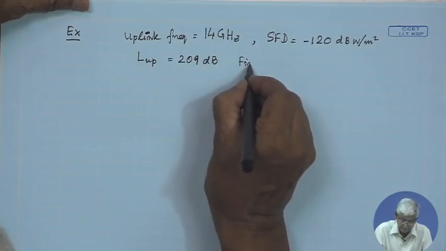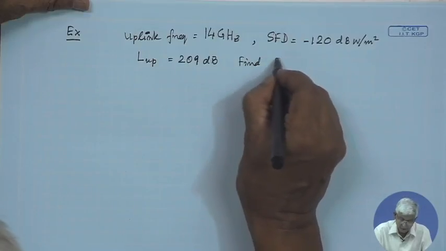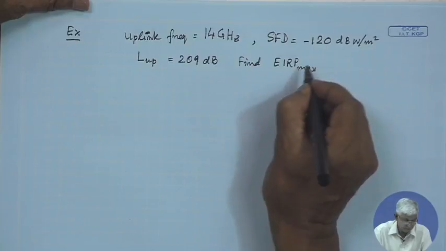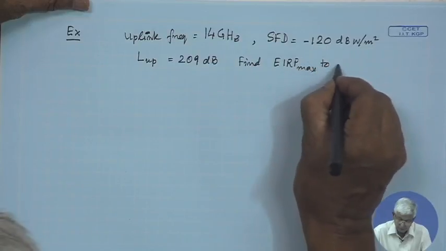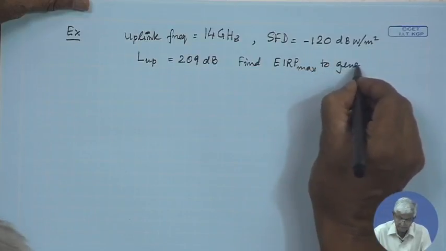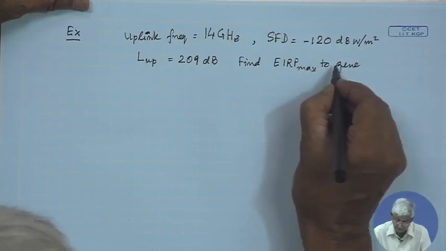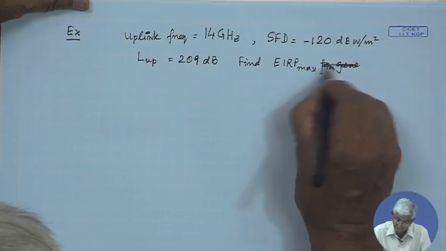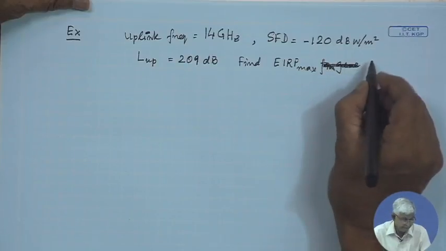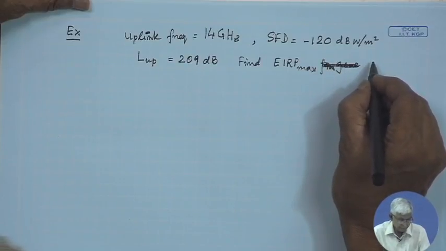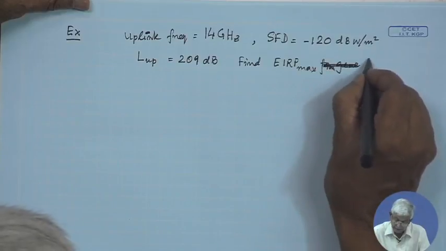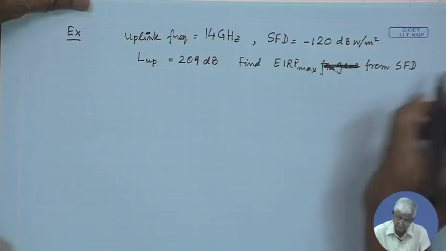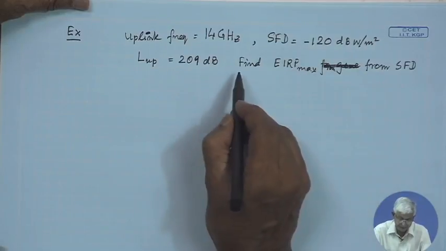Find EIRP maximum to generate EIRP maximum from the SFD given. This SFD given, what should be the EIRP maximum?